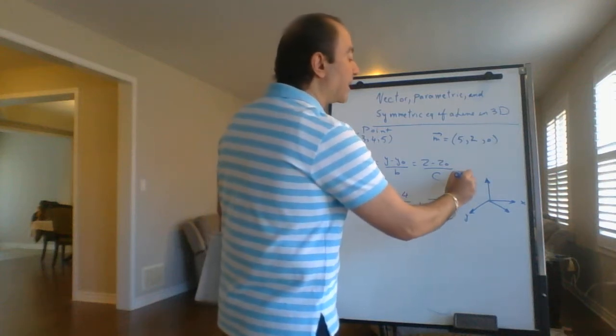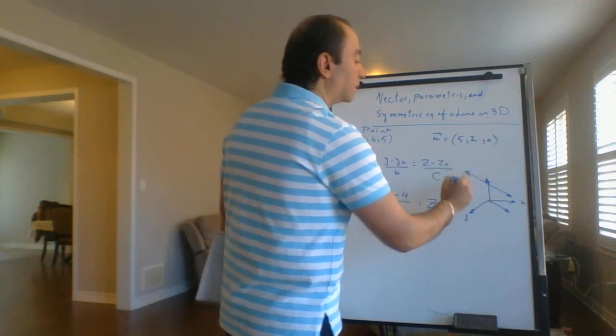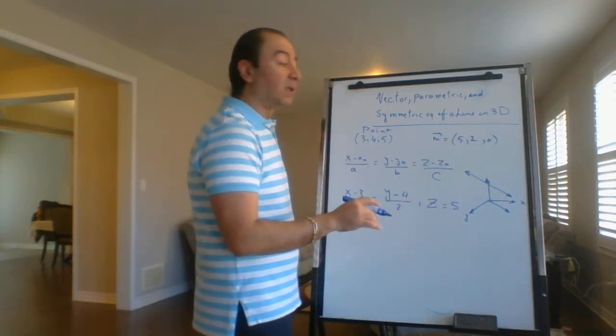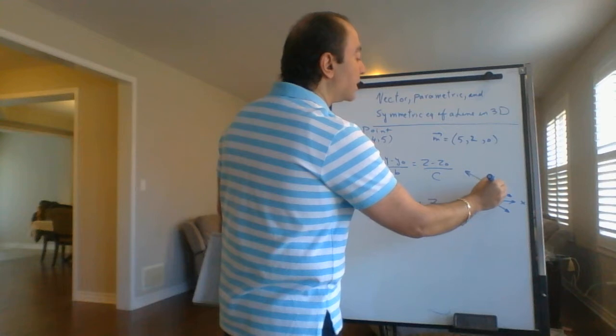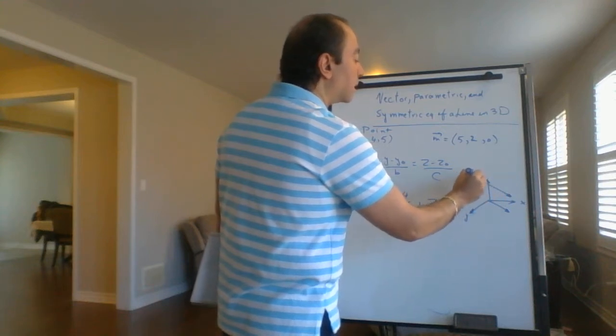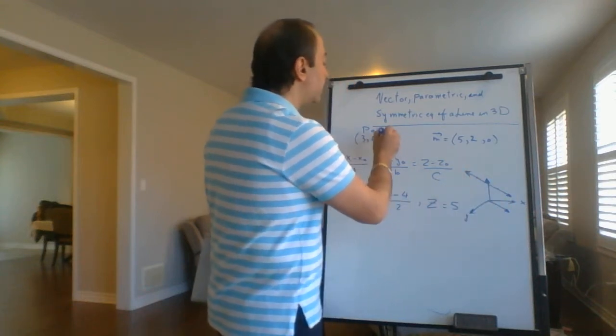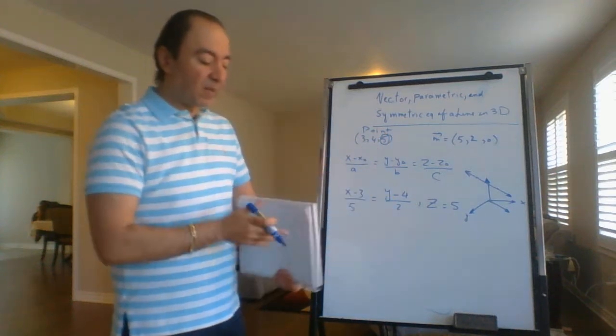So the line will be parallel to this. So it will be parallel to the plane. So all the points we have on the line will have the same z coordinate because it is parallel to the plane.